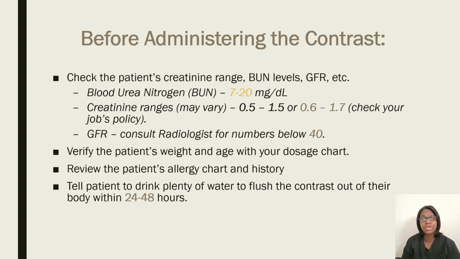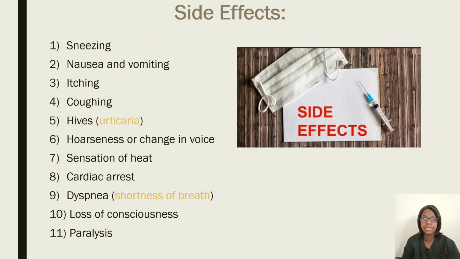For your GFR, in radiology, anything below 40, you must consult with the radiologist to see if you can give them contrast because of their kidney function. And then you also have your BUN ranges going anywhere between 7 to 15 or 7 to 20, depending on the facility that you work for.